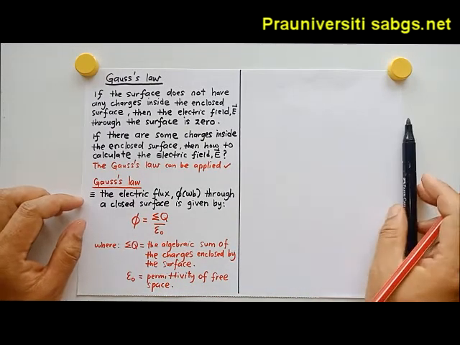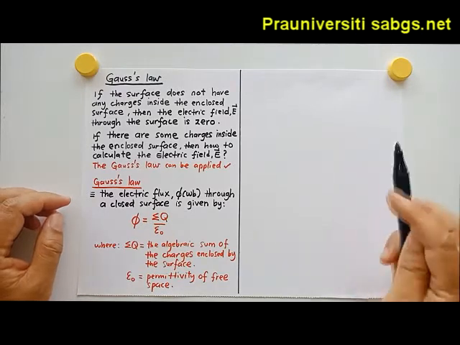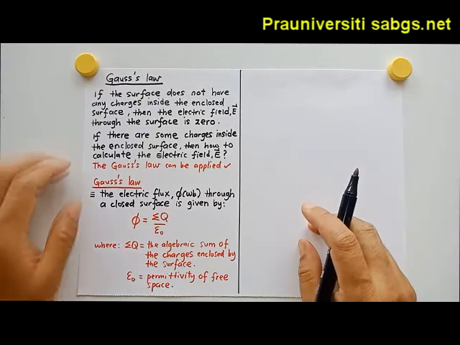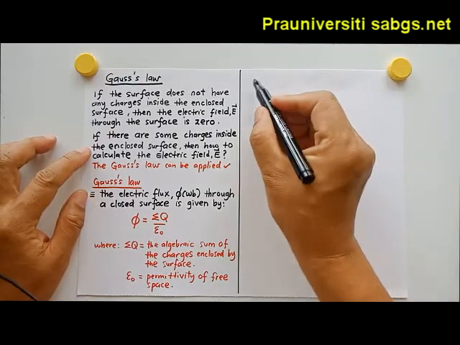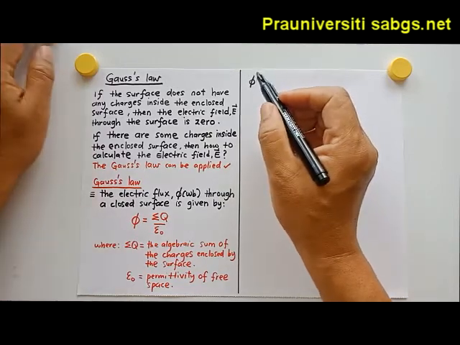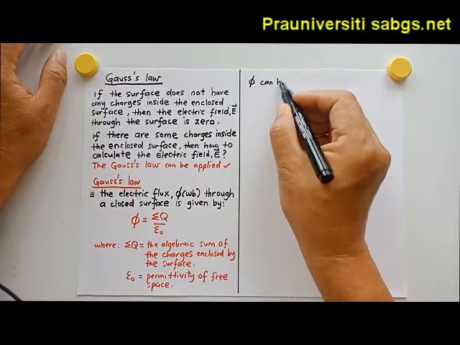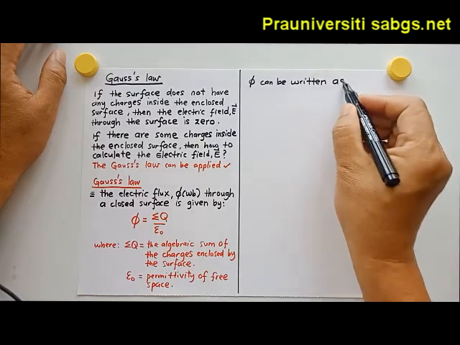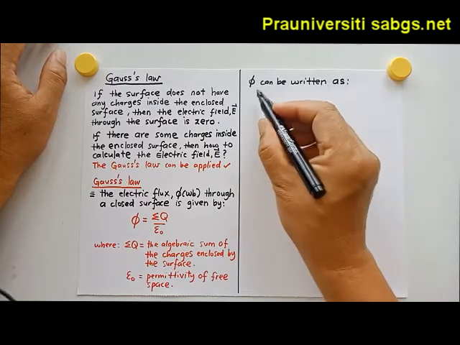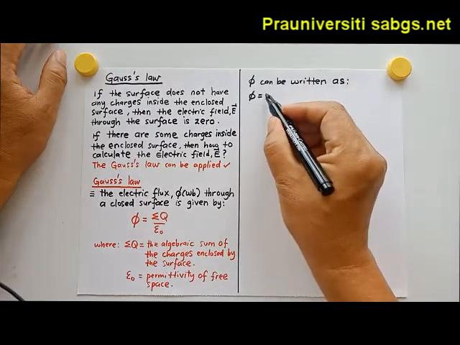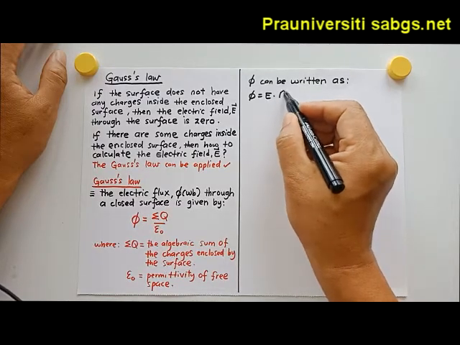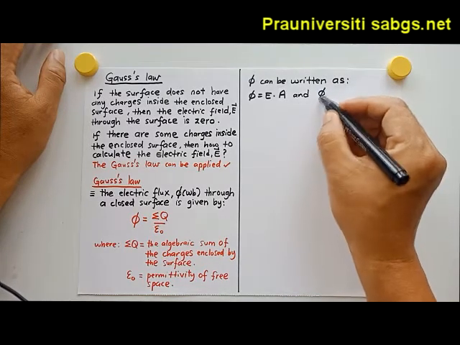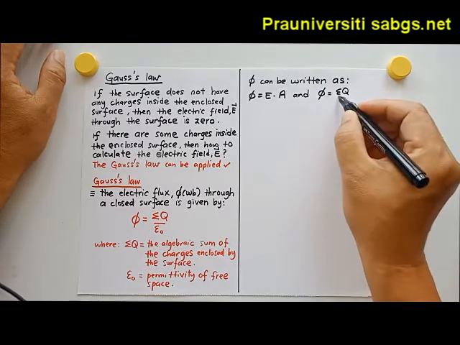So then we continue. Psi also can be written as psi is equal to the electric field E dot A, and from the Gauss law, psi is equal to the total of Q over the epsilon naught.